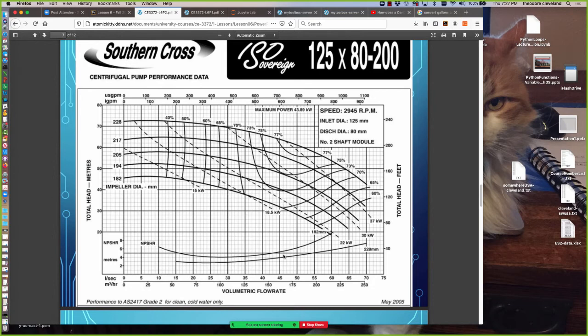So our net positive suction head requirement for that particular situation is somewhere between 4 and 5.5 meters of suction head. If we don't have that much head available on the suction side, this system won't work.